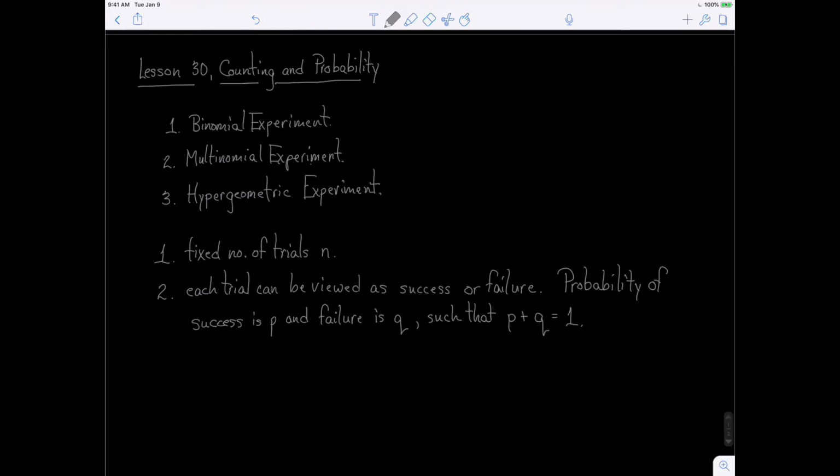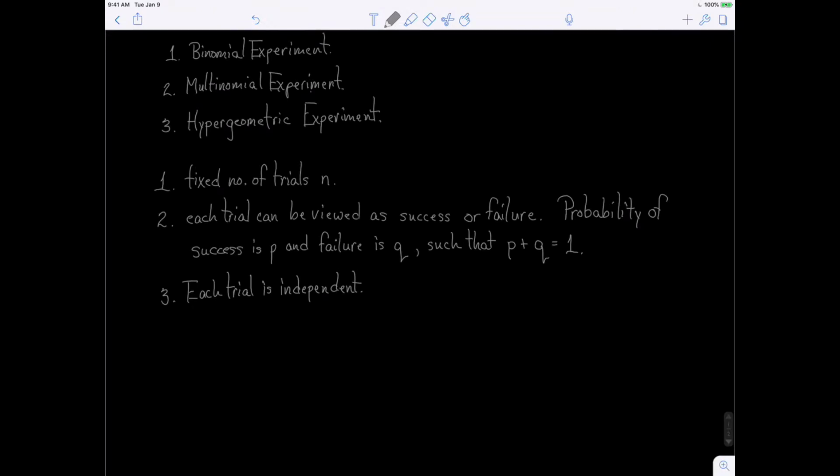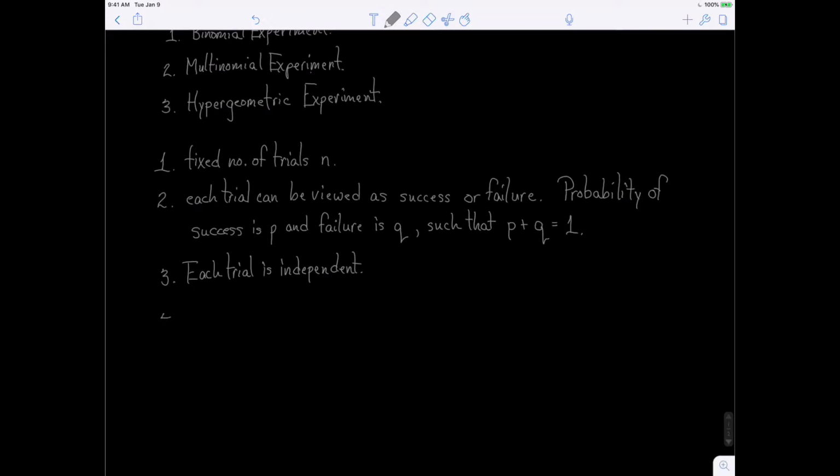Okay, the third one is each trial is independent, meaning what has happened does not affect what will happen.